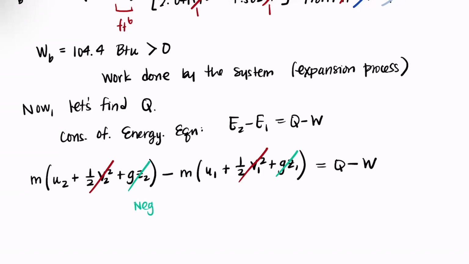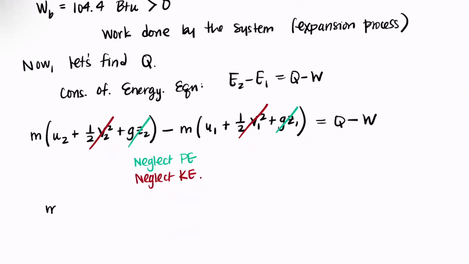So neglect PE, neglect KE. All right. And I'm going to rewrite this because now it's a whole lot simpler. So I have my mass times internal energy at state 2 minus internal energy at state 1, and this is equal to Q minus W.